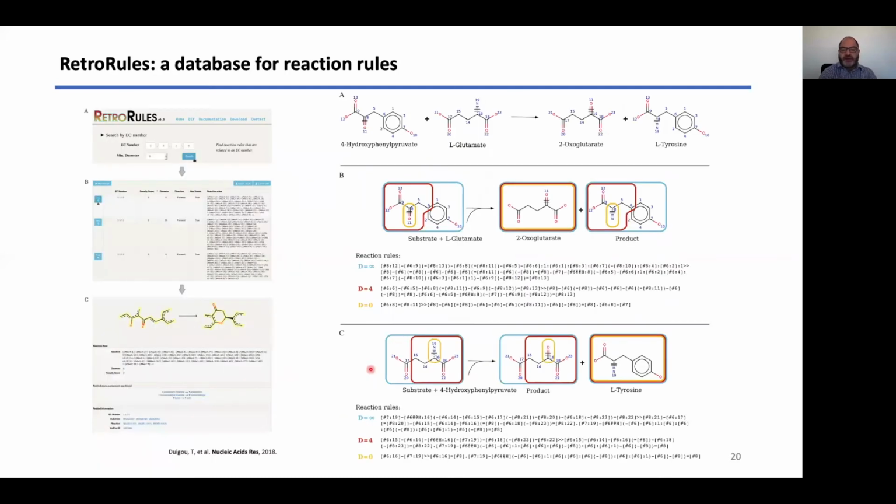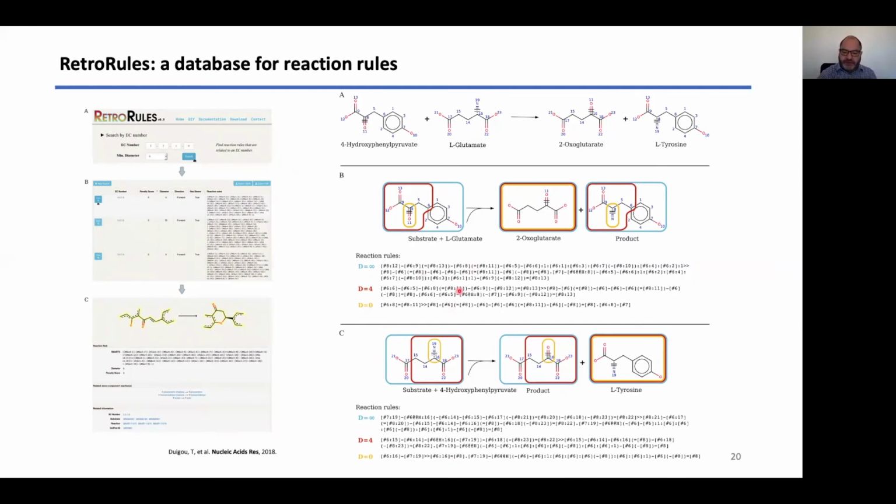So there is a database called RetroRules that contains hundreds of thousands of basic descriptions of the reactions that you can use in order to search for millions and millions of novel compounds that never were found before in nature, but we can predict that they can possibly or potentially be produced by using this enzyme that has this simple reaction rule that we describe here.